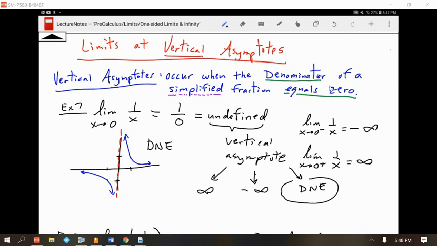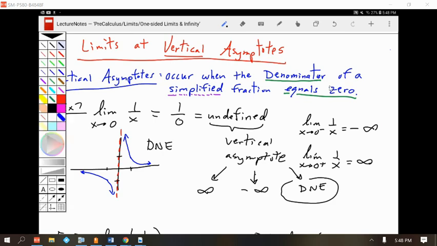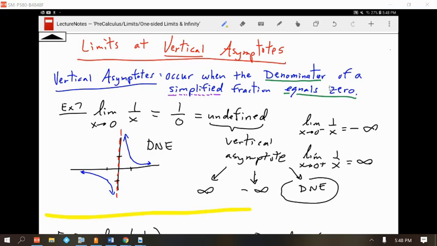So I'm totally cool with you always knowing that it's D and E. Whenever you have a vertical asymptote, technically the answer is always D and E. However, if you can ever state infinity or negative infinity, you should. On this problem, you can't, because it's 0 from both sides, so the answer must be D and E.